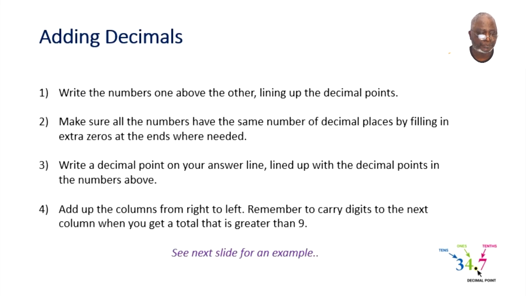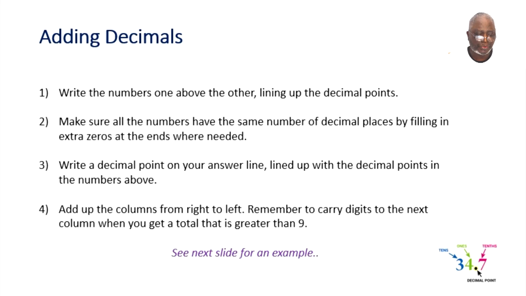Adding decimals. Write the numbers one above the other, lining up the decimal points. That's the first thing you should do when you want to add them. The decimal point is crucial. Make sure all the numbers have the same number of decimal places by filling in extra zeros at the end where needed.